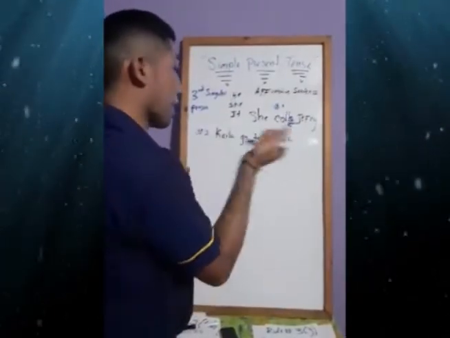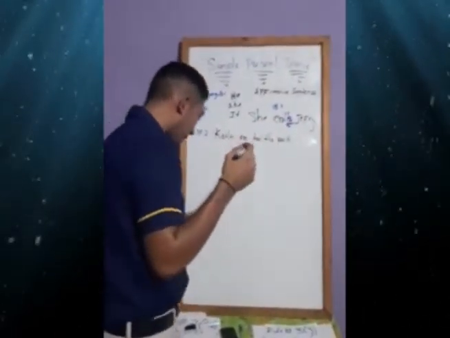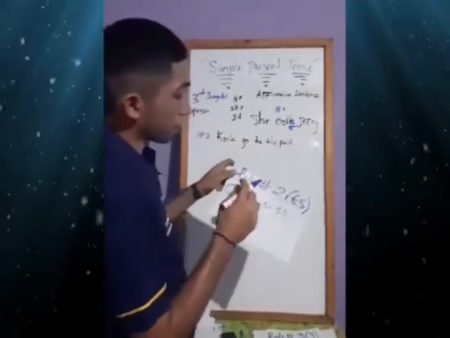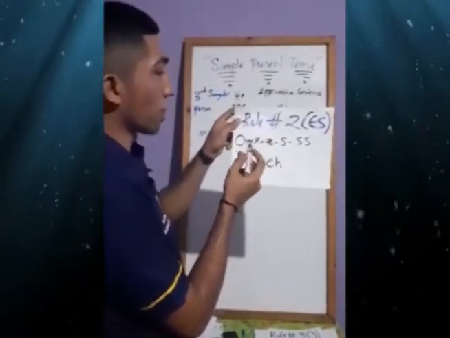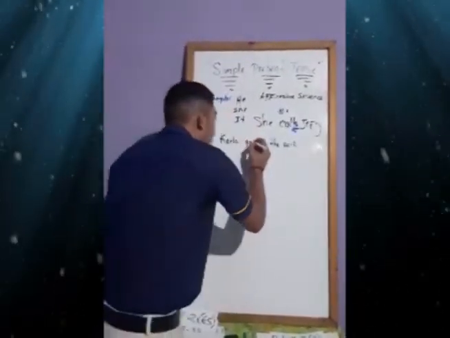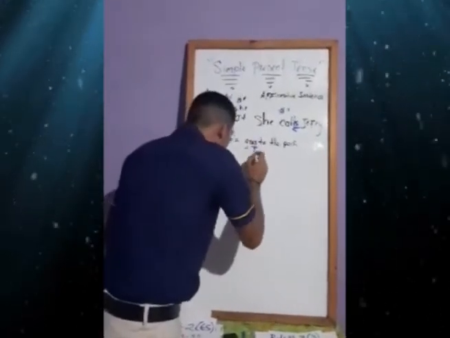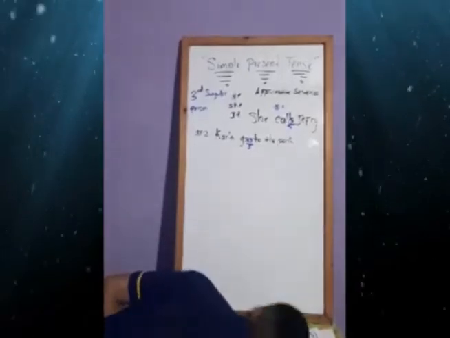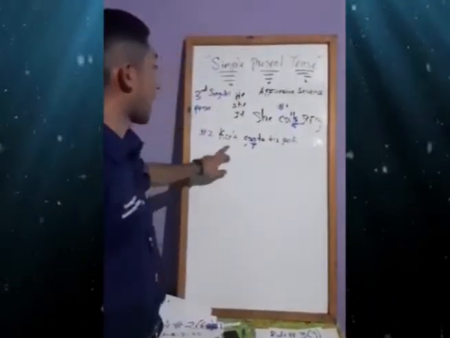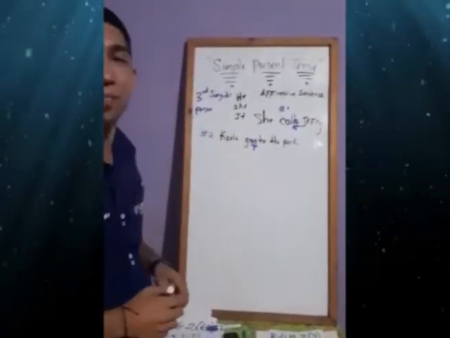Exactly. The rule says, when the verb ends in o, we add es. So, Carla goes to the park.